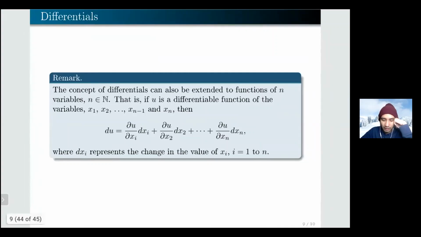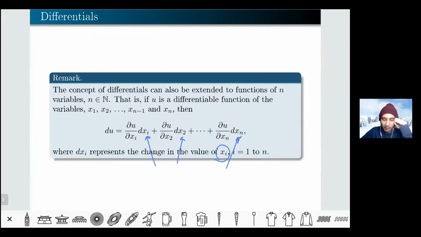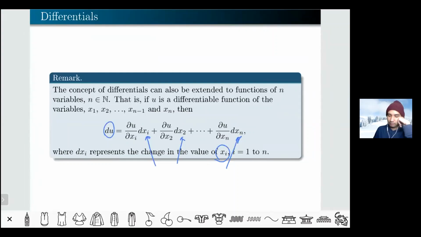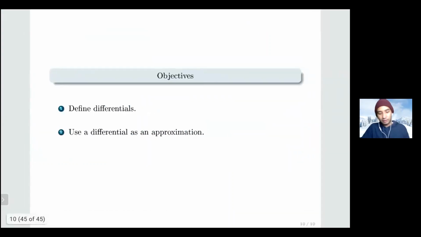If you just let the dxi represent the change in the value of xi, yung du will represent an approximation for the actual change in the function value. Okay. So for this video, ang ginawa natin, dinefine natin yung differential, and we showed how we can use it, or how we can use them to approximate a variety of things.